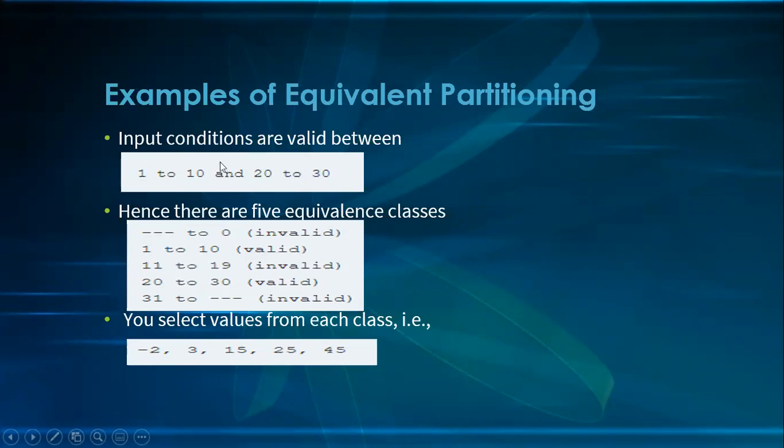Don't forget there is an and here, something stopping it, which is 11 to 19. I need to also validate it so that when I am testing, if I take any number within that place, it shouldn't work. It should show me an error because it's not part of the valid condition.